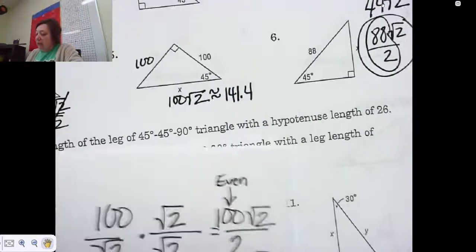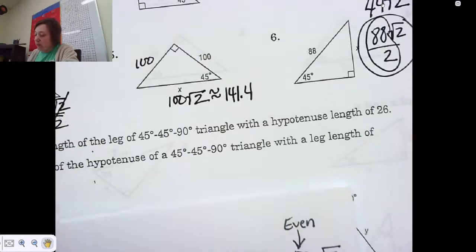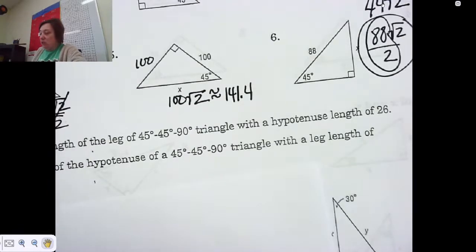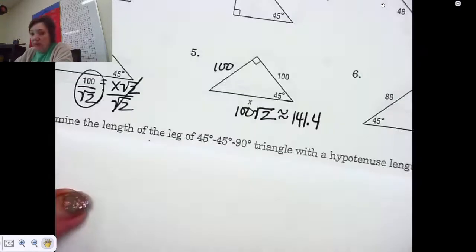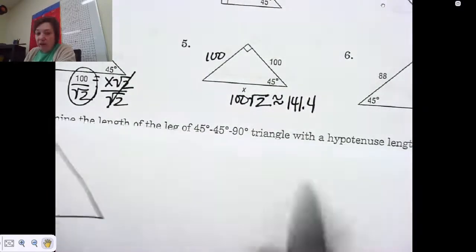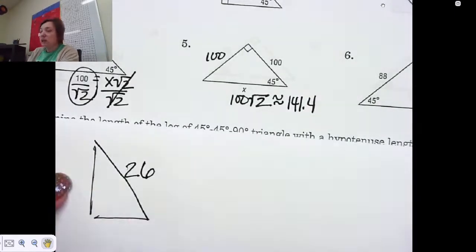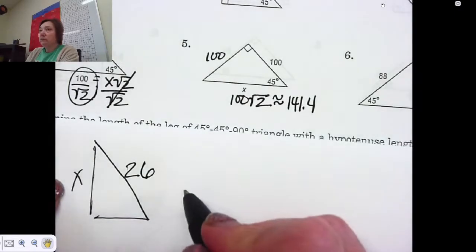Okay, look at 7. On number 7, it says determine the length of the leg of a 45, 45, 90 triangle with a hypotenuse the length of 26. So it's going to be just like the ones we've been doing, right? So we've got this 45, 45, 90 triangle, and the hypotenuse is 26. And we're trying to find the leg. Okay? So what's that going to look like?